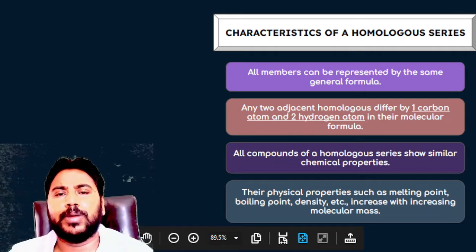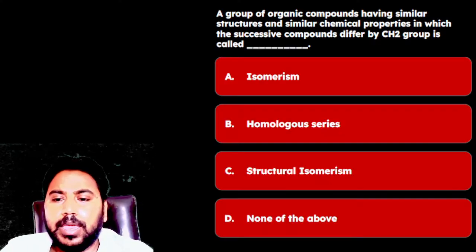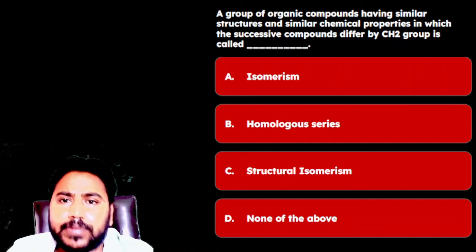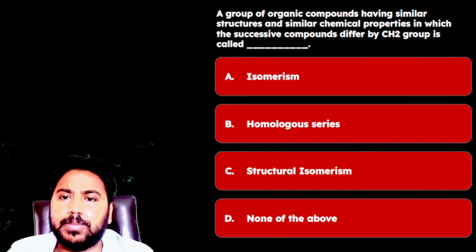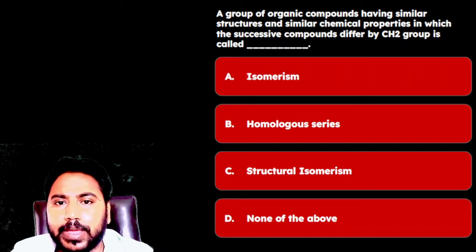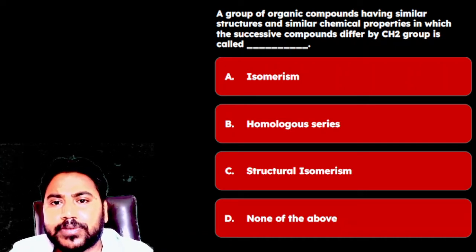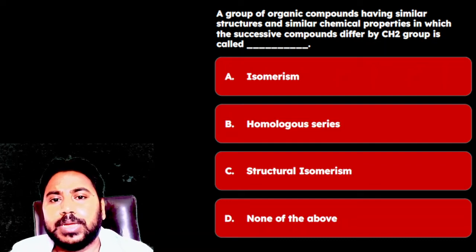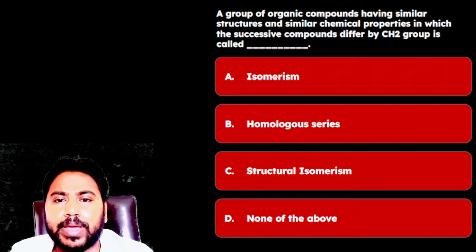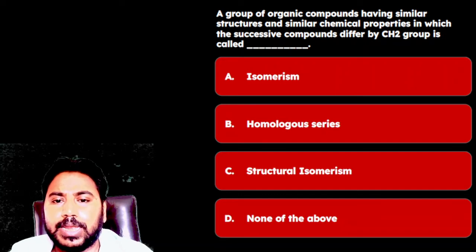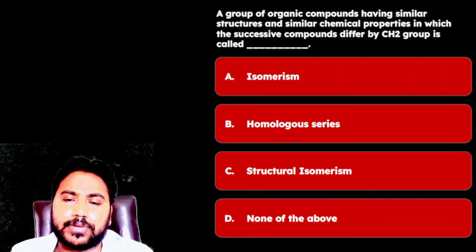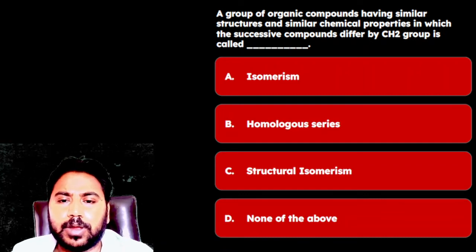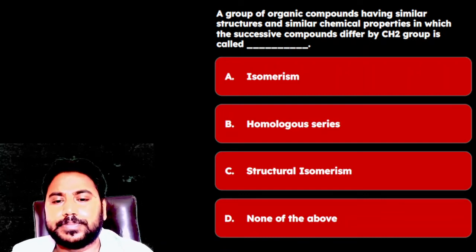Let us solve one more question. A group of organic compounds having similar structure and similar chemical properties in which successive compounds differ by CH2 group is called isomerism, homologous series, structural isomerism, or none of the above.